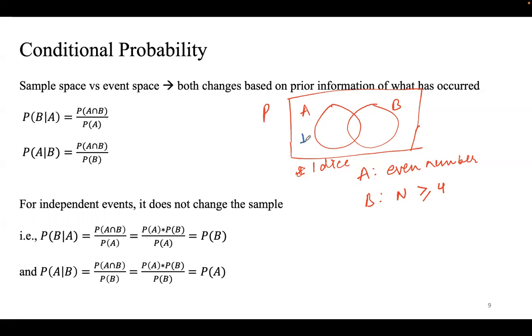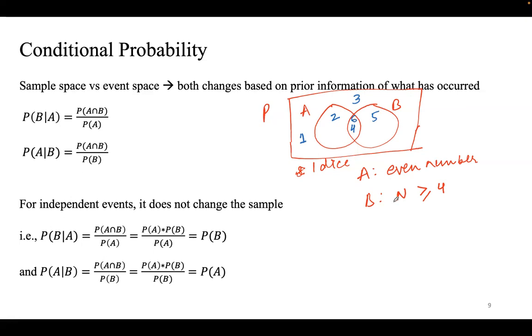Outside. 2? Only A. 3? Outside. 4? The intersection. 5? Only B, since it's greater than or equal to 4. And 6? The intersection.